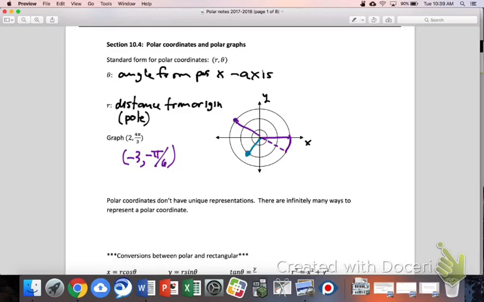So I'm pointing negative pi over 6, so I'm pointing this way. But because the radius is negative, I'm going to walk backwards. I'm going to go opposite the direction that I'm pointing. Does that make sense? And you could have combinations. You could have a positive angle and a negative radius, or a positive radius and a negative angle, and all the other different combinations of spinning multiple times, which we won't do because what's the point?